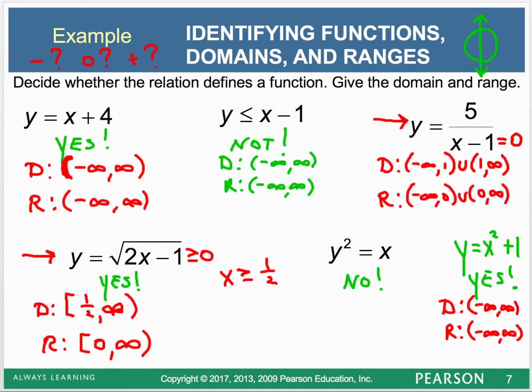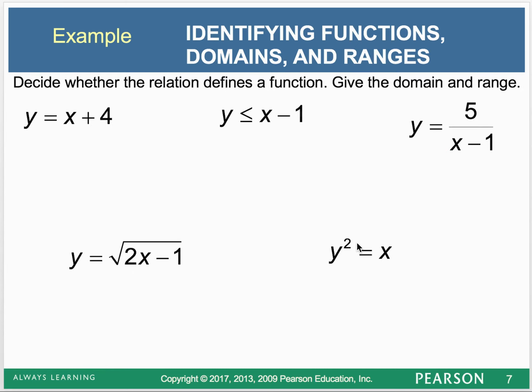On x and y. So I'm going to ask myself, for the domain, is there any way that this x could ever be, remember what we had, negative, 0, positive, can be negative? Oh, when you square something, can you ever equal a negative number? Nope.